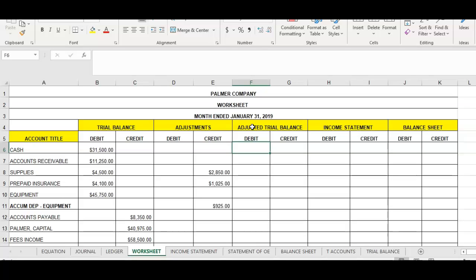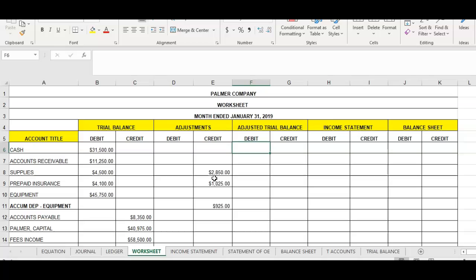There are certain accounts that we're not going to adjust. If that's the case, the amount is taken from the trial balance and brought over to the adjusted trial balance. But other accounts have been adjusted, so we must now determine what would be the account's ending balance after we've made the required adjustments at the end of the accounting period.